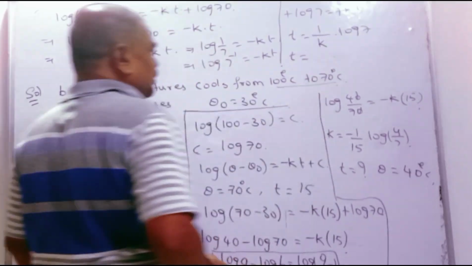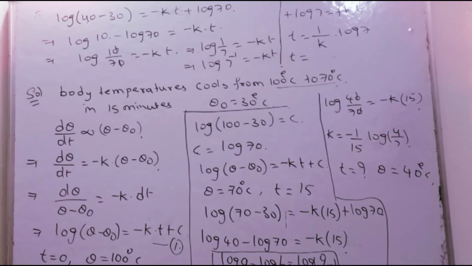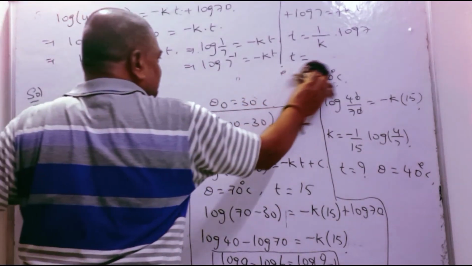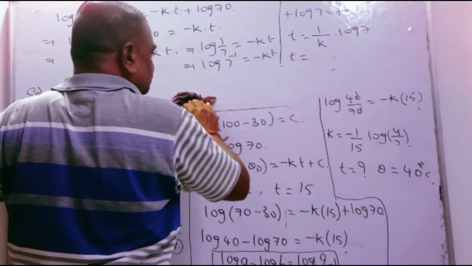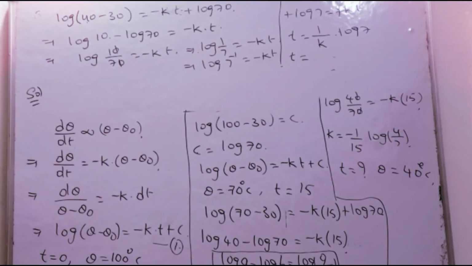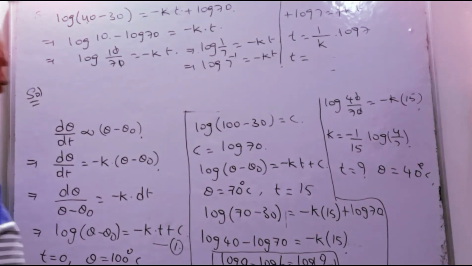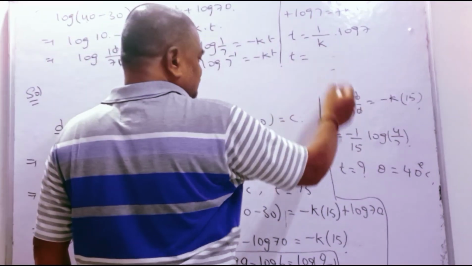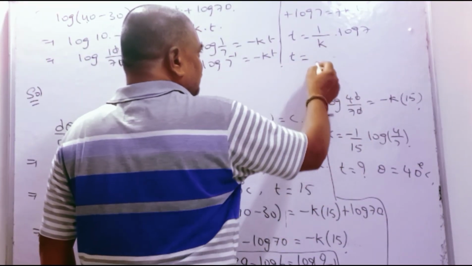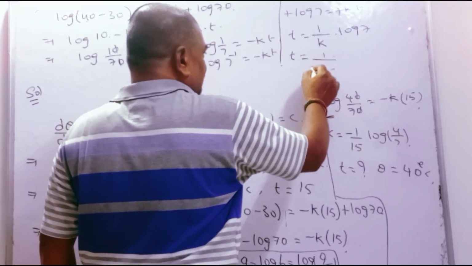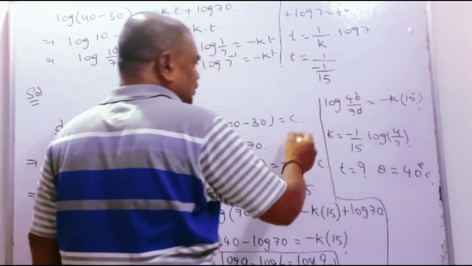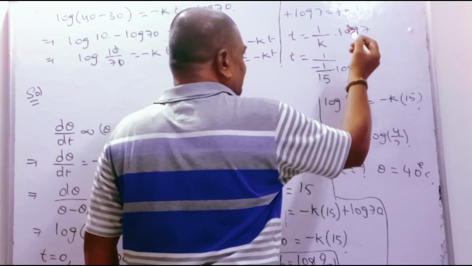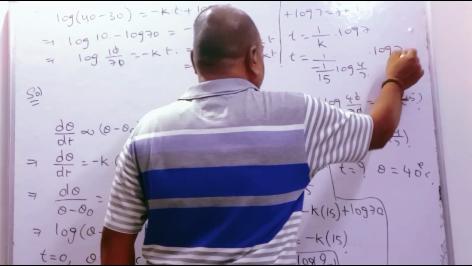But what is the k value? We know the k value. You can take it upside down: 1 by minus 1 by 15 log 4 by 7, into log 7.